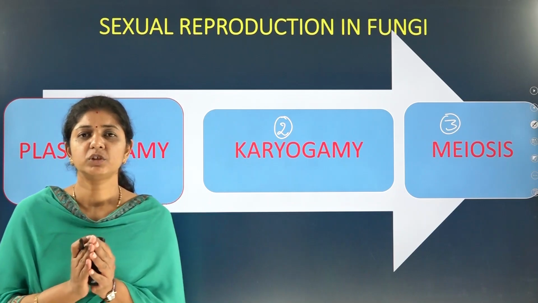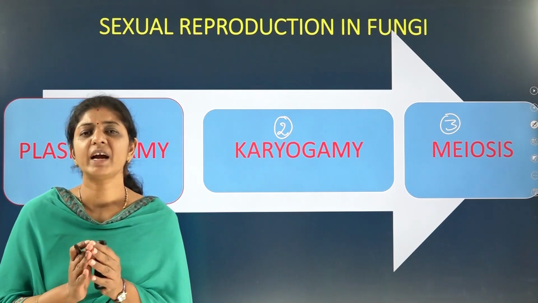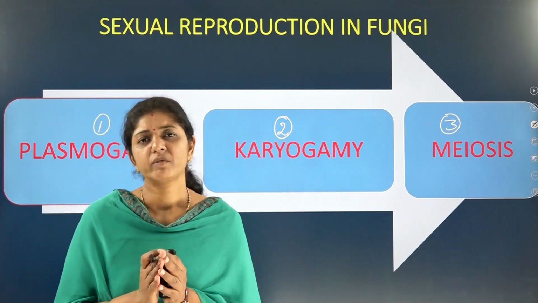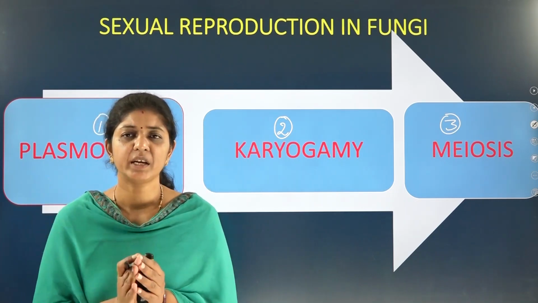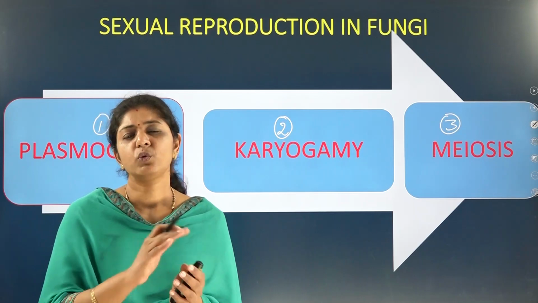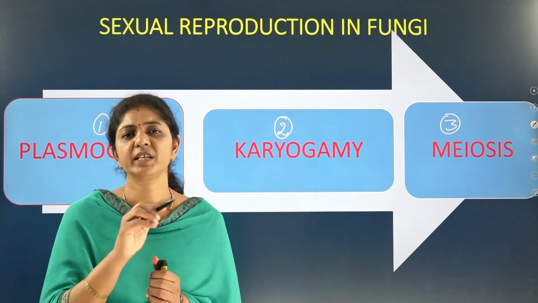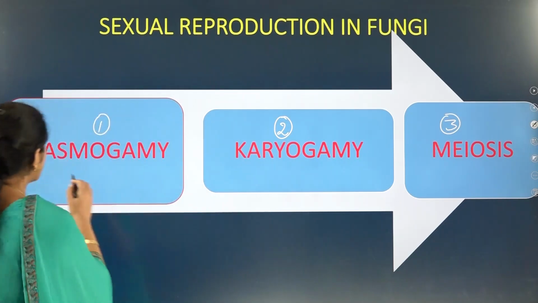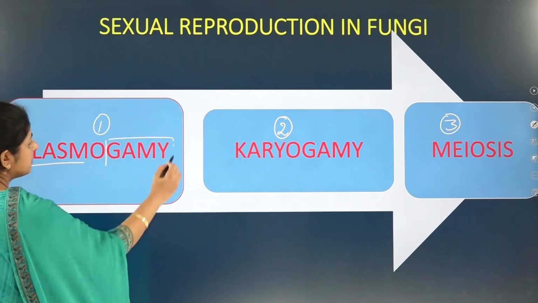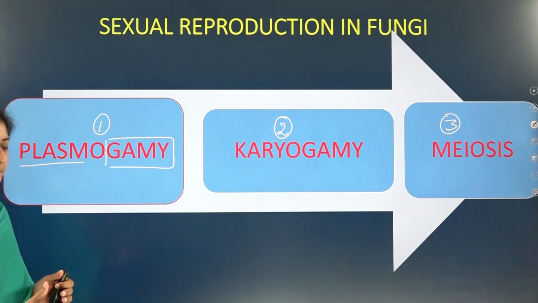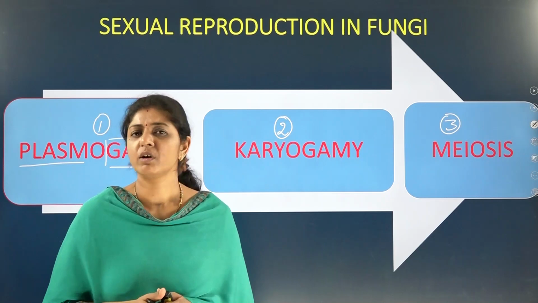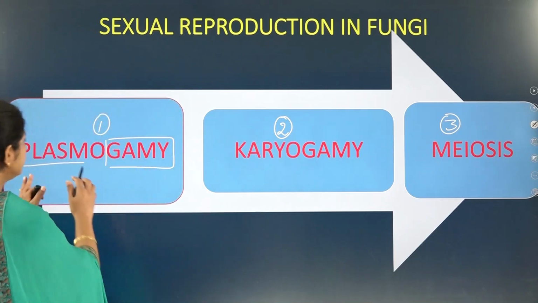So that is the fusion of protoplasm of the compatible mating types of fungus, one positive and one negative, just to say donor and recipient, we call them plus and minus. When they fuse, you call it plasmogamy. Gamy means fusion, right? Plasma means the things inside the cell except the nucleus, which will not fuse at the first step.